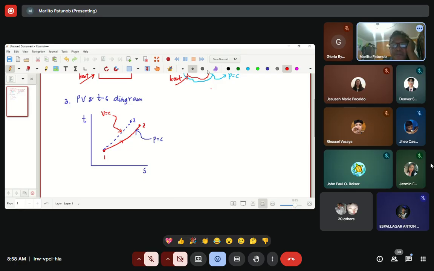Okay. So in the TS diagram, we know already that if we are going to get the area here, this one is Q, no?